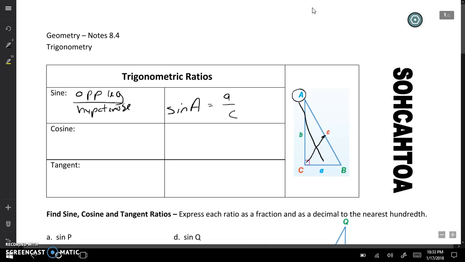And if we were going to find the sine of B, across from it is little b, and the hypotenuse is C.